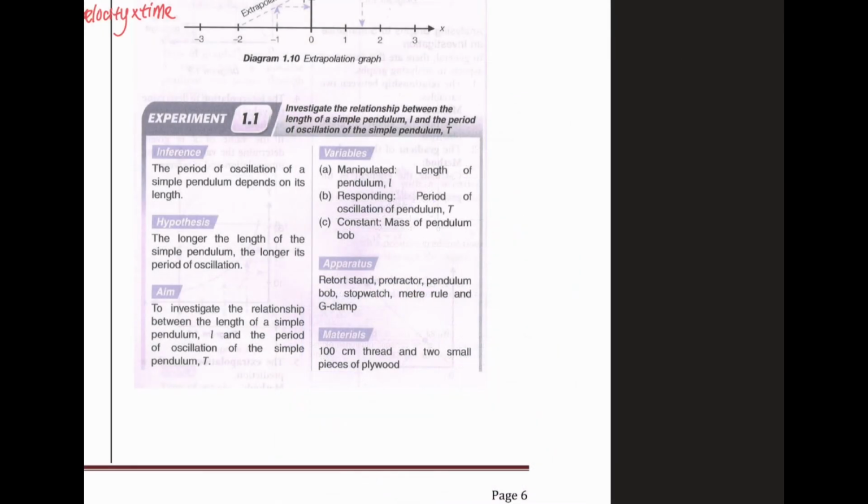Okay, we have experiments. Before we look at experiments, let's see some examples of graph questions. For example, they may ask something like this. They give you a graph, then they give you values.